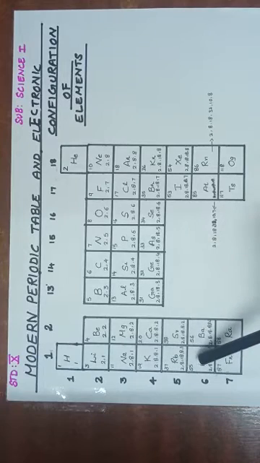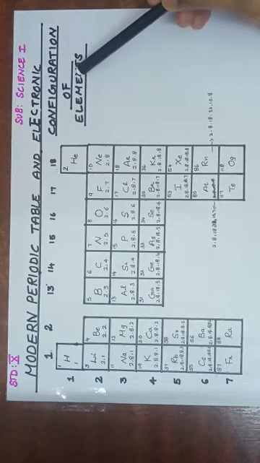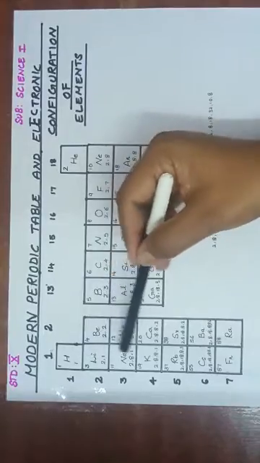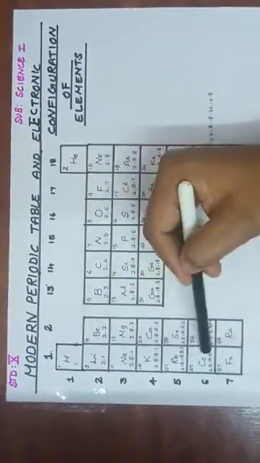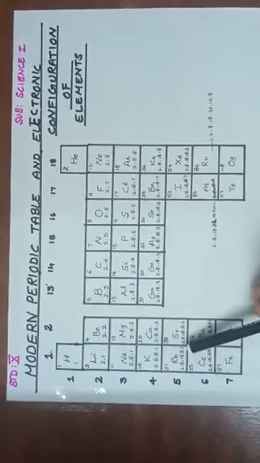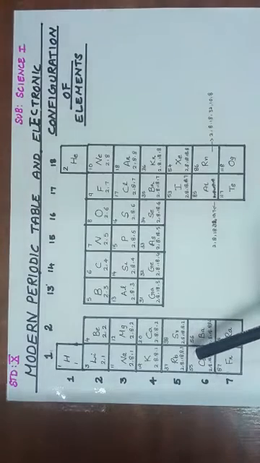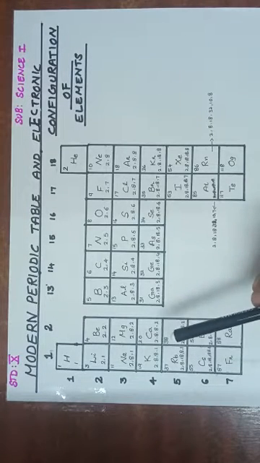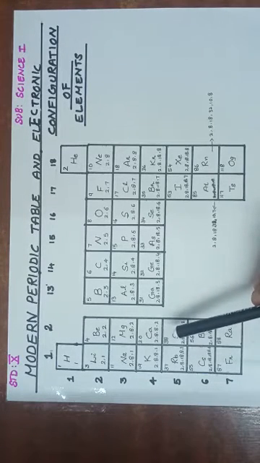What is the relationship? We are going to see the relationship between the electronic configuration of an element and its group, and its period. For that, look at the second group. I am starting with the second group.